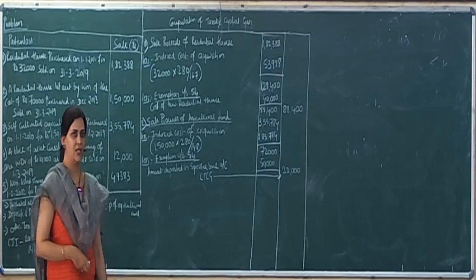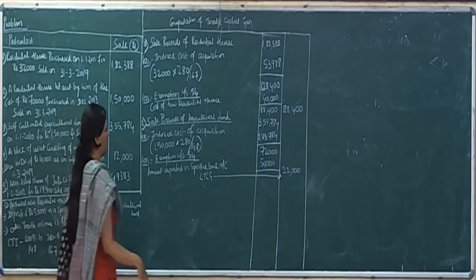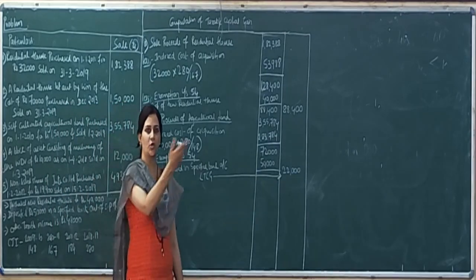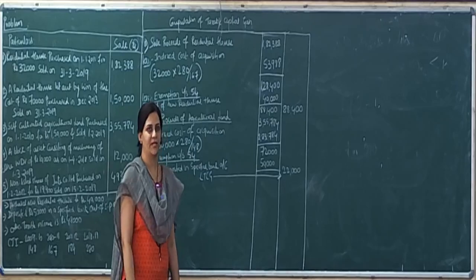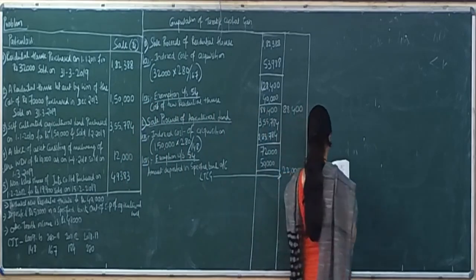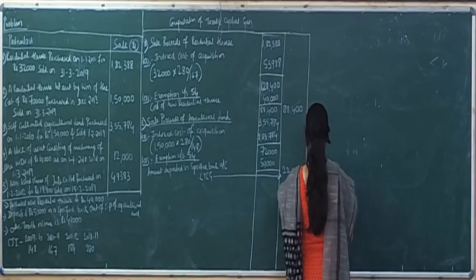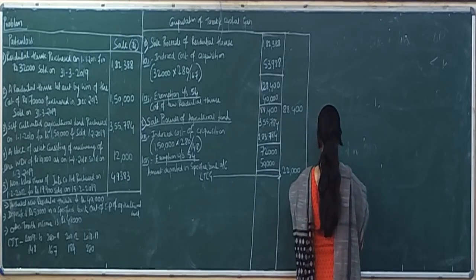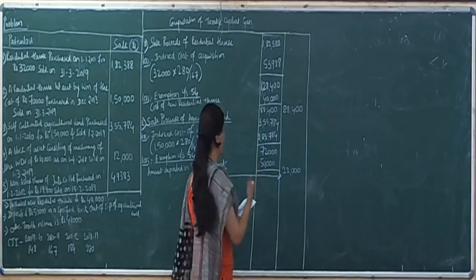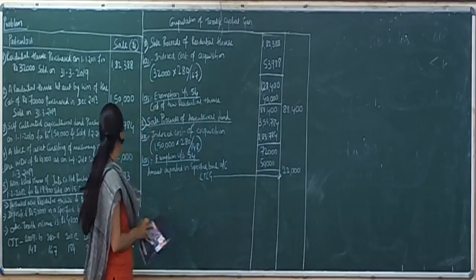If it is held for less than 36 months, it is short-term capital gain. So in this table we can prepare only long-term capital gain, and short-term capital gain we can show separately. Here I will prepare one more chart or table. Okay, so later we can prepare that.